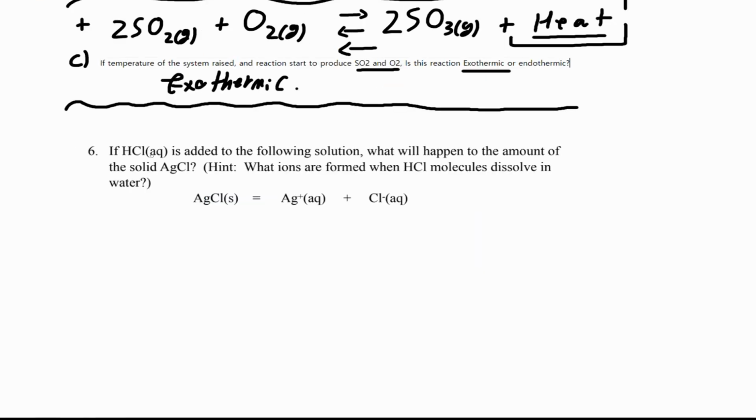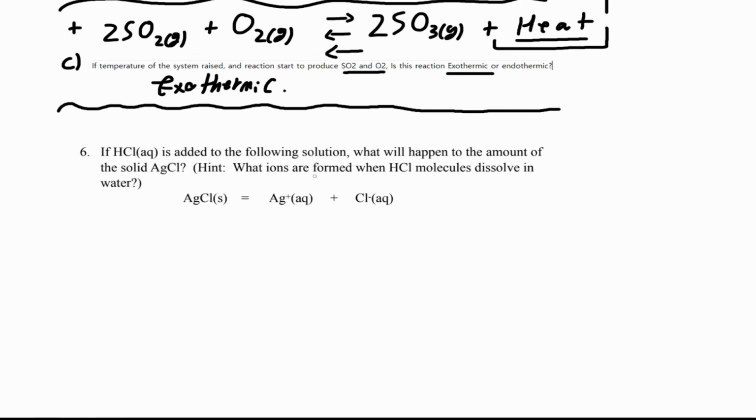So our last question: if HCl aqueous is added to the following solution, what will happen to the amount of the solid AgCl? Hint: what ions are formed when HCl molecules dissolve in water? It's going to produce H plus ion and Cl minus ion.